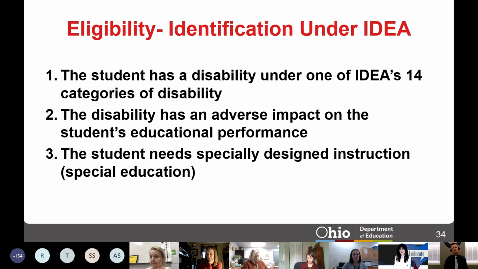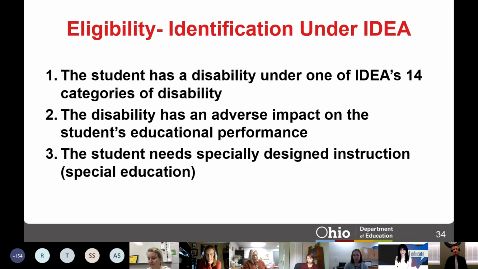And that's why you need to do observation. You need to collect that classroom data. The classroom teacher needs to fill out an individual evaluator's report. You need to be very thorough in determining that adverse impact. And once again, what's our favorite word? Data. We need to have that. You can't just have the anecdotal, well, he seems to not be doing so good in class, and I think it's probably because of that speech. No, no, no, none of that.